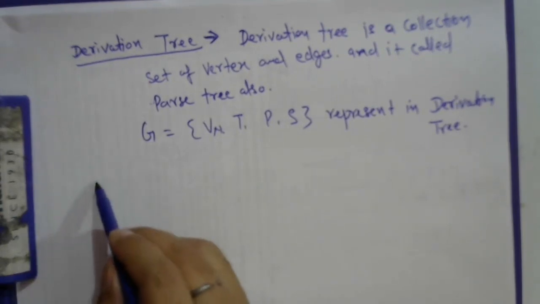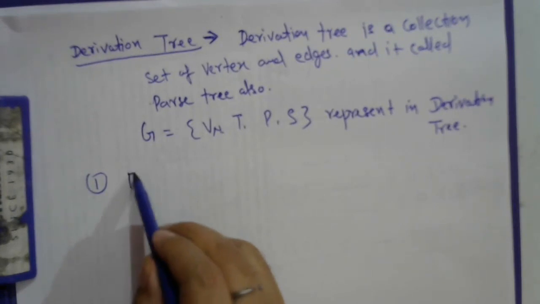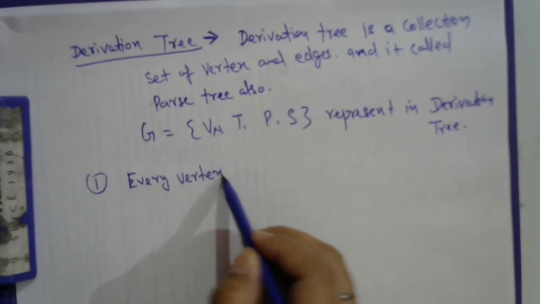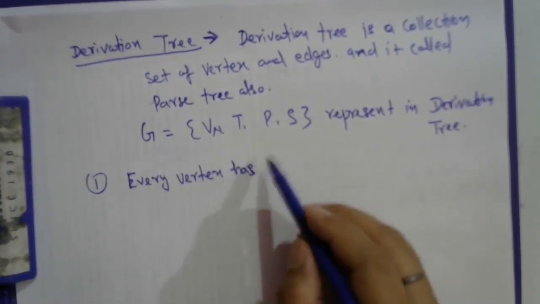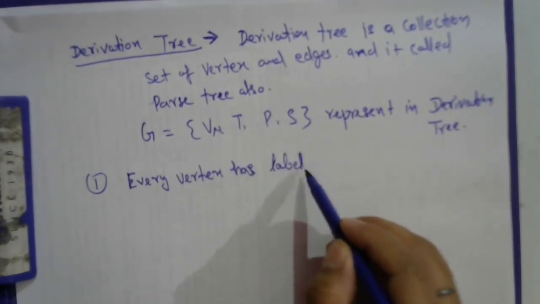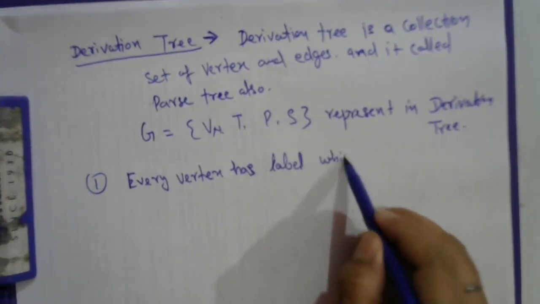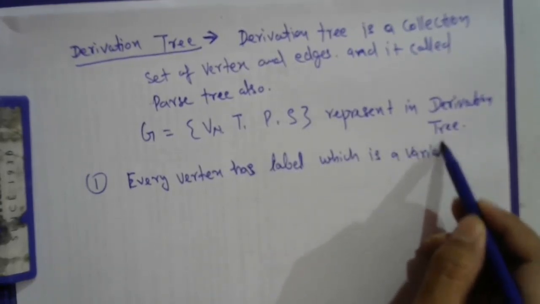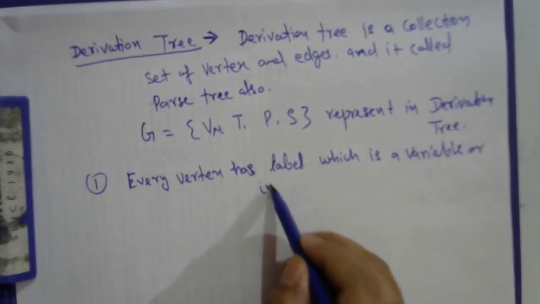The first rule is that every vertex has a label, which is a variable, or a capital letter.